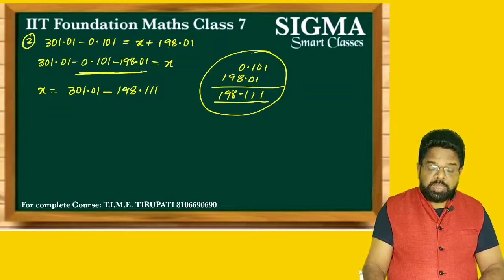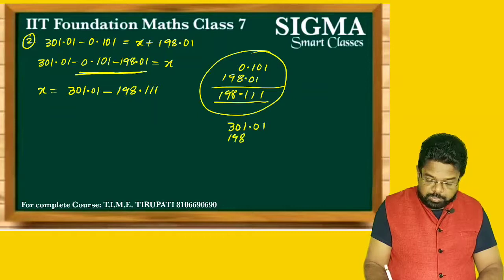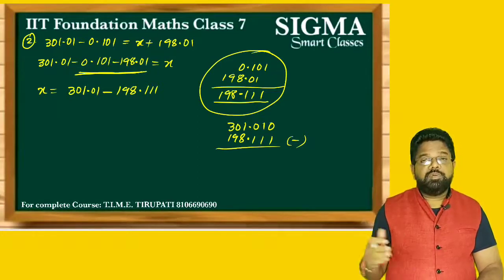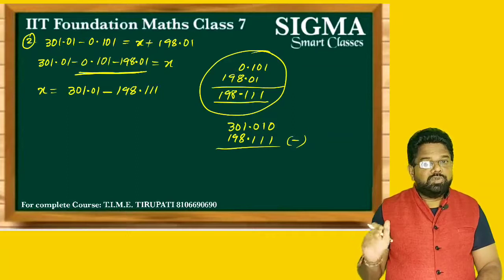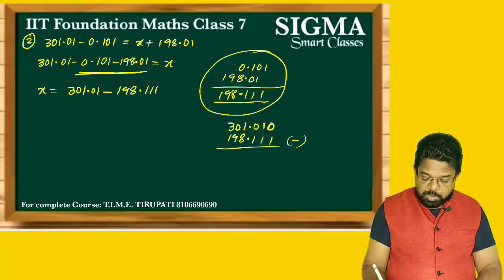Now again calculate separately 301.01 minus 198.111, so you have to subtract this. Now here put 0. After the decimal there is no value there, but for our convenience here we take 0. Okay, 0. Now 0 minus 1, 10 minus 1, 9 it is.